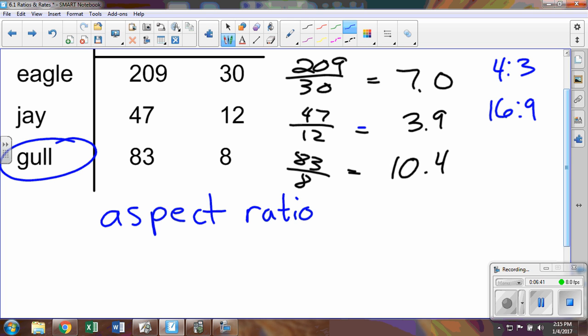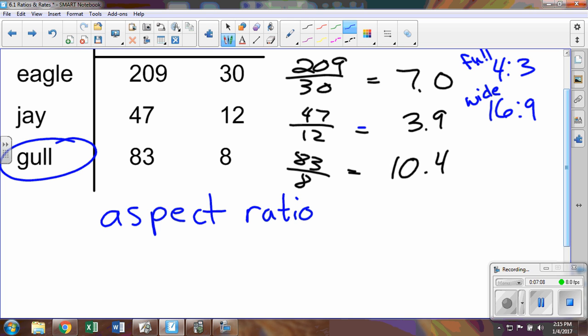A 4:3 aspect ratio, so like 4 feet wide, 3 feet tall, 4 inches wide, 3 inches tall. If you maintain that ratio, that's full screen. And 16:9, that's widescreen. That's why your TV has different settings, so that you can change it to match the programming, something in full screen or widescreen.